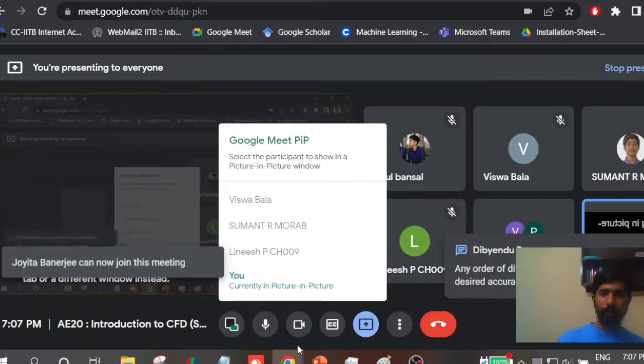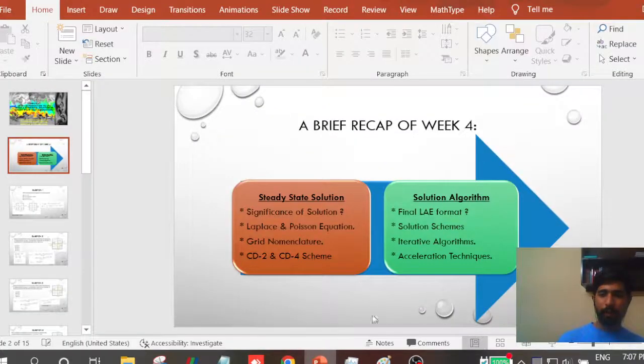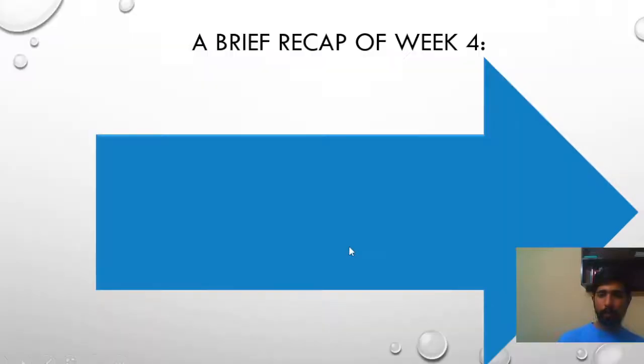Then discretize your governing equations, and once you discretize them, you have to solve them. So we had just dealt with governing equations in week 2. In week 3, we mainly saw how to discretize them. Okay, so we used the Taylor table approach for that.